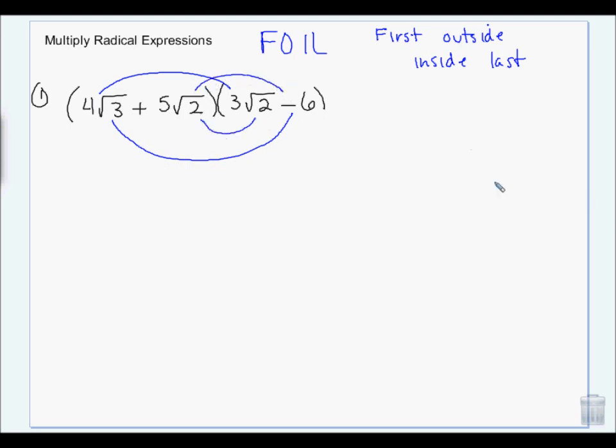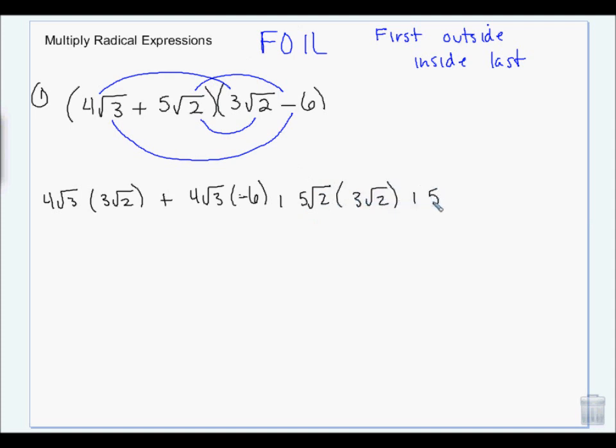So for first, I'm going to get 4 times the square root of 3 times 3 times the square root of 2 plus 4 times the square root of 3 times negative 6 plus 5 times the square root of 2 times 3 times the square root of 2, and then plus 5 times the square root of 2 times negative 6. Okay, that's all the multiplication.